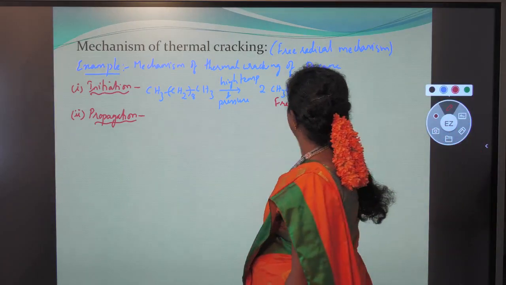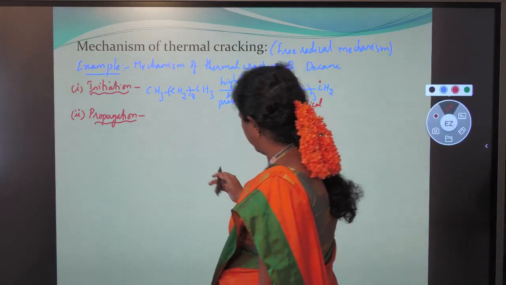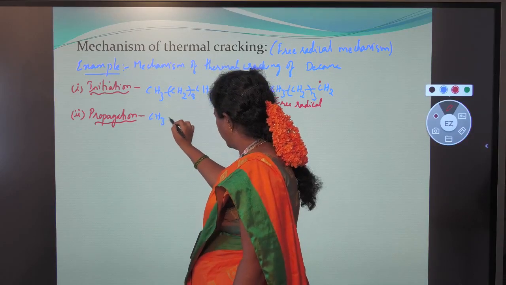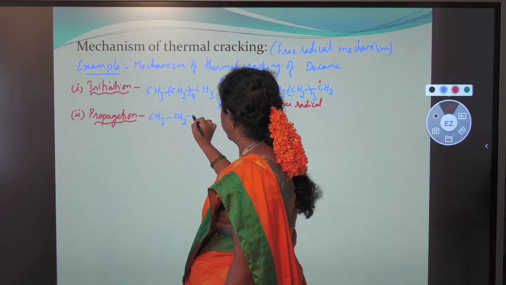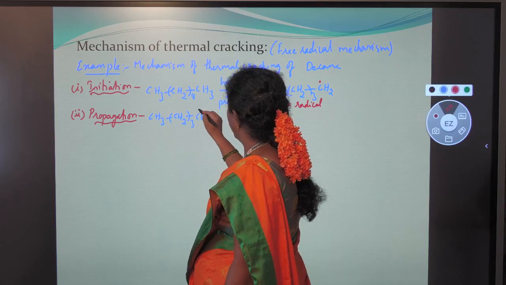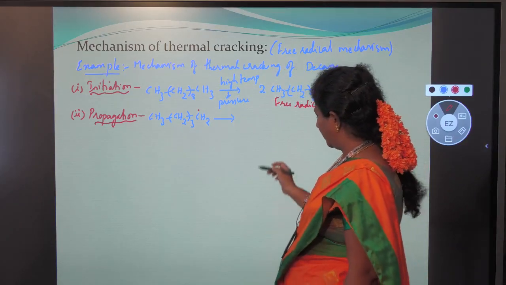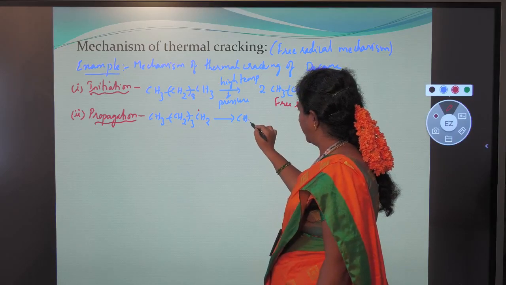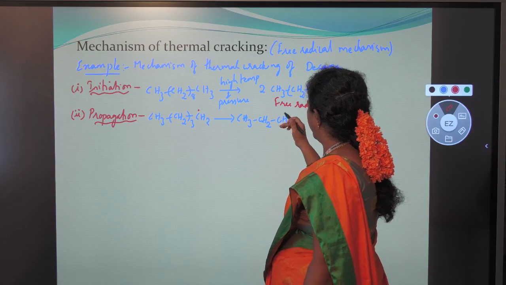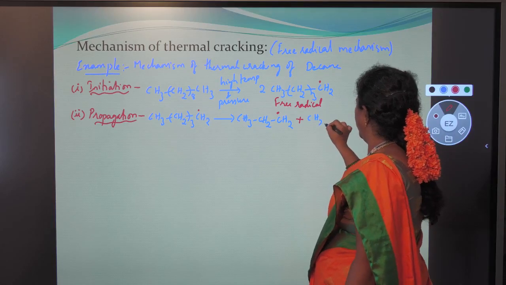That means the free radicals will be cracked until stable free radicals are formed. The pentyl radical formed here will further undergo cracking, forming propyl radical and ethylene.